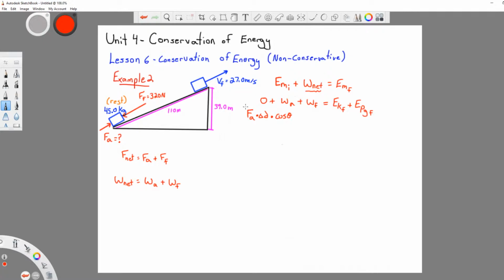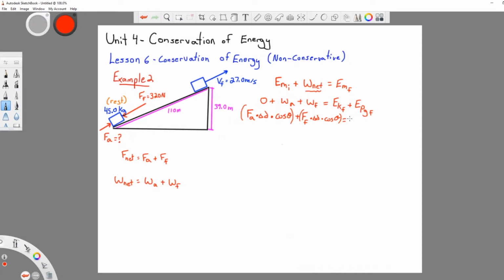I'm going to start putting these things in brackets, just to keep this a little bit more clean. Plus work due to friction, so this is going to be force of friction times delta D times cos theta, is equal to kinetic energy and potential energy.